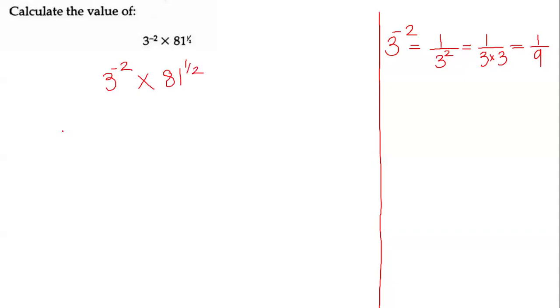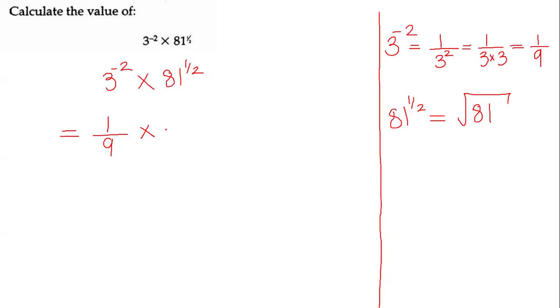It's going to be equal to 3 to the power of -2, which is what? 1 over 9, multiplied by 81 to the power of 1/2, which is equal to what? The square root of 81.